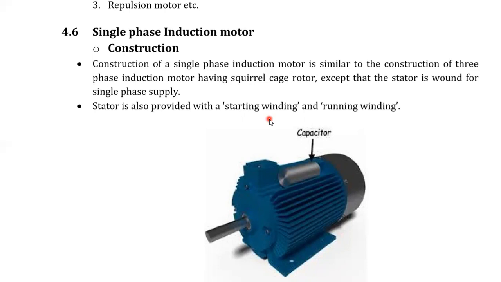In the single phase induction machine, two types of windings are used because it is not a self-starting machine: one is a starting winding and one is a running winding.